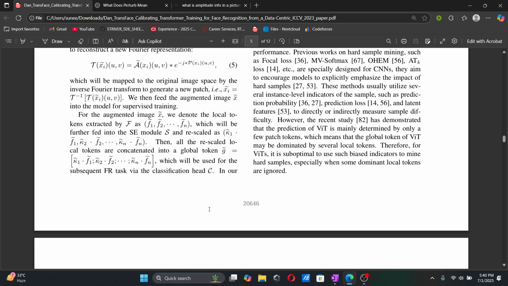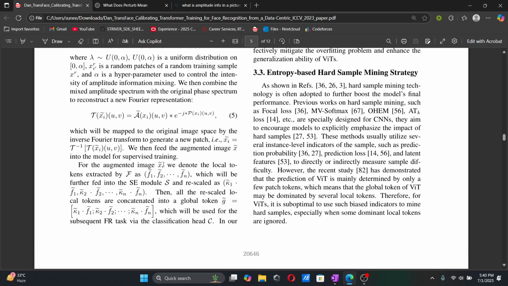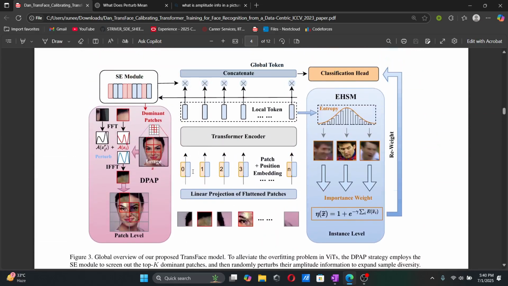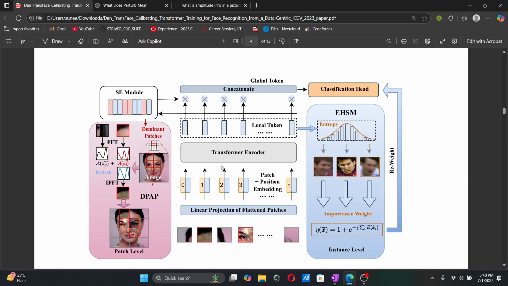I think it's like you pass the image to your transformer and then you remember the top K patches for this image.